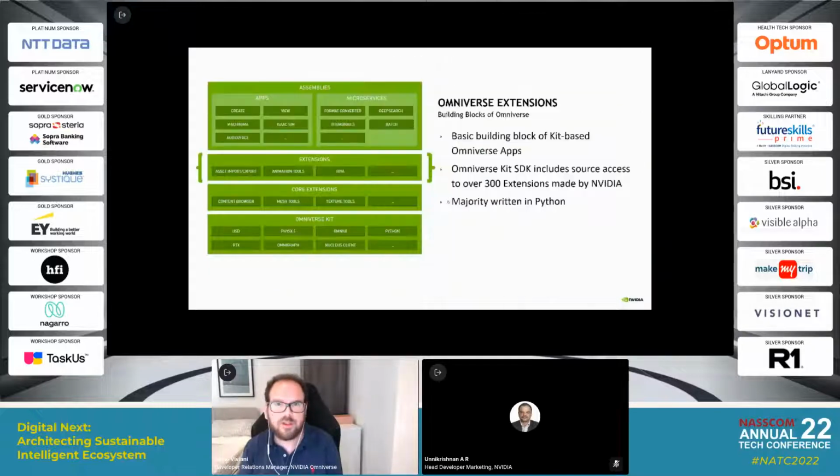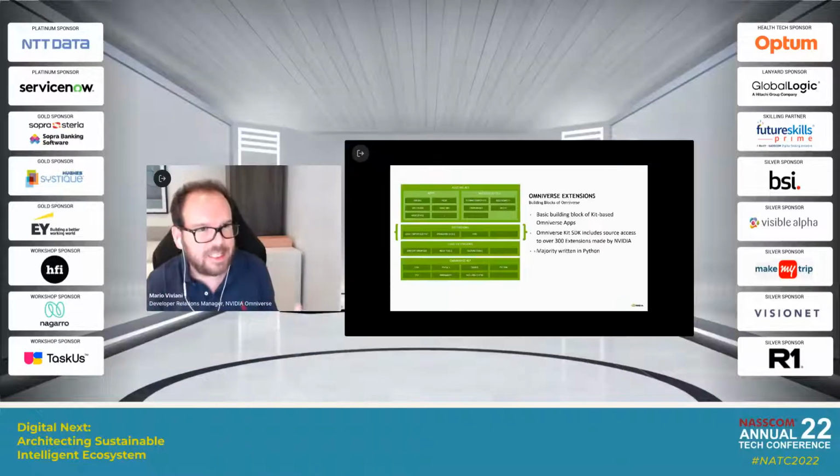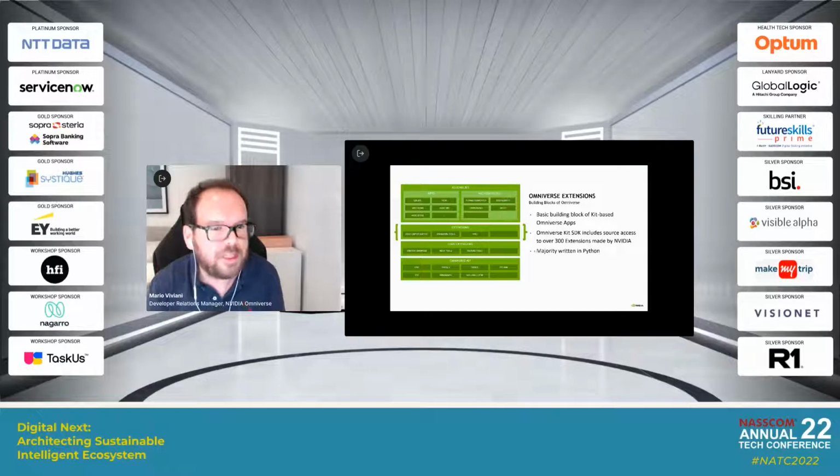On top of connectors, there is another important component, which is to be able to extend the functionality of these tools and to be able to connect to multiple workflows. When it comes to Omniverse, we call these extensions. And in order to explain what extensions are, I want to go through the architecture. We have 3 different layers.